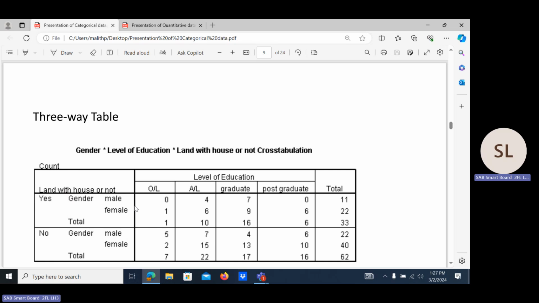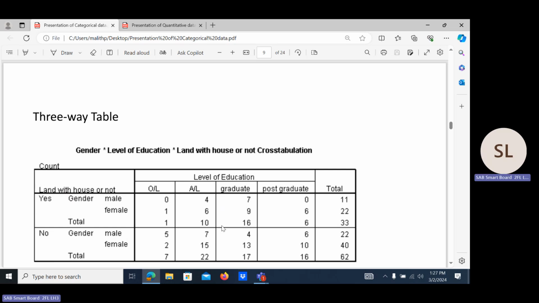Seven male graduates who own land with house. Then we write the interpretation. It includes all three categorical variables.